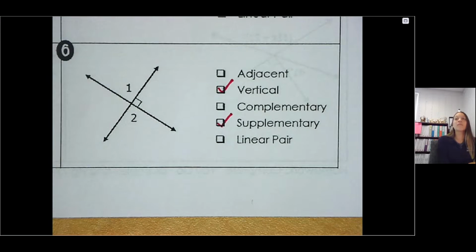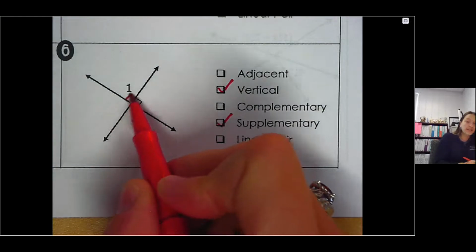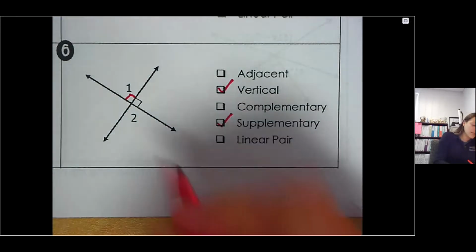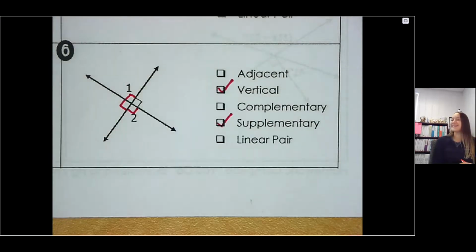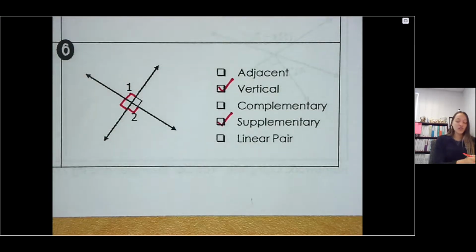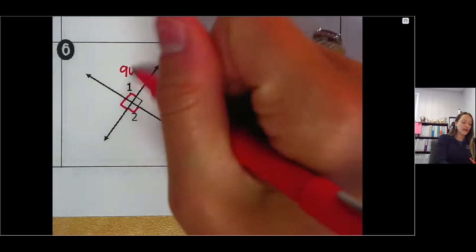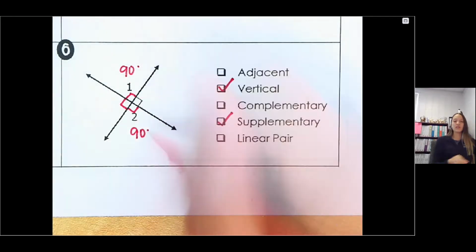Because they're across from each other, and on one side, the boxes show it's a 90. Perfect. Yeah. So this one also is 90, which means, hey, guess what? This one's 90 and this one's 90. They're all 90 degrees. So angle 1 and angle 2, if you add together the two 90s, you will get 180. Very nice. Good job.